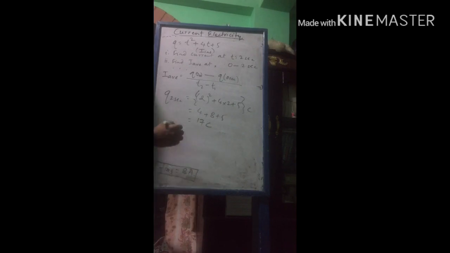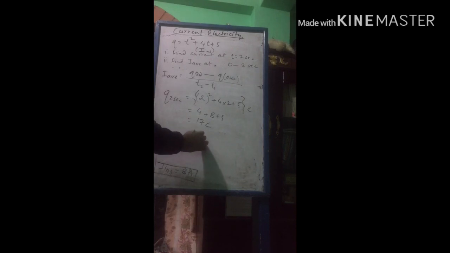That is equals 0 square plus 4 into 0 plus 5, that is equals 5 coulomb. Now let's calculate.